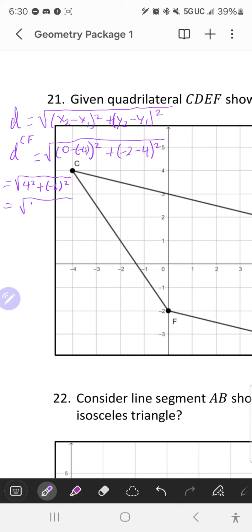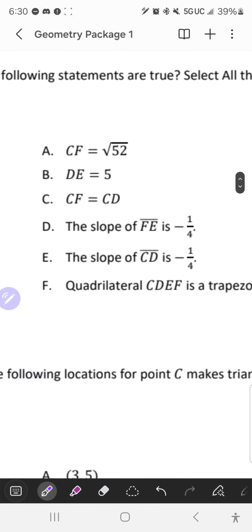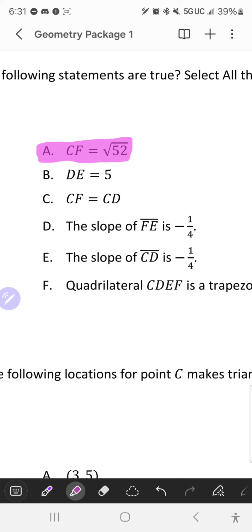Now 4 squared is 16 plus minus 6 times minus 6. They have the same sign, so we get a positive answer. 6 times 6 is 36. And when we add 16 and 36 together, we get 52. So yes, CF is equal to the square root of 52, and this answer is right.